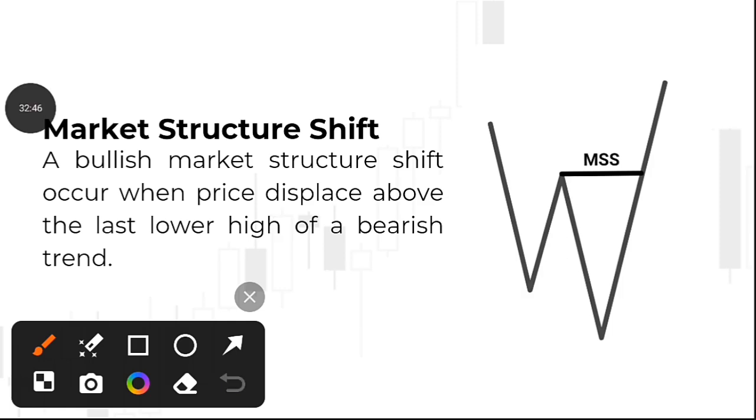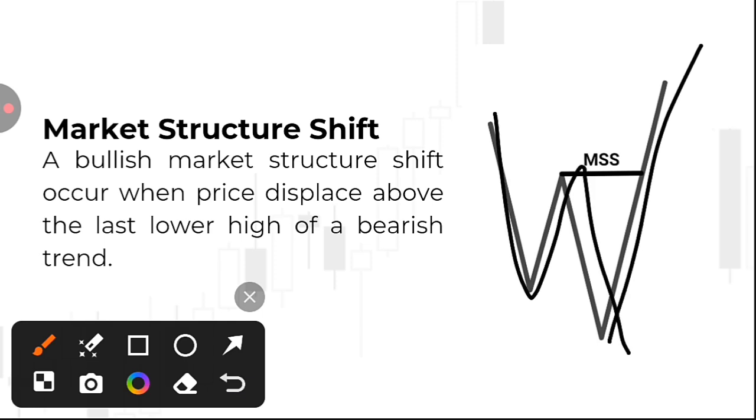Basically, a bullish market structure shift happens when price takes out the last lower high. That is when you have market structure shift. This signals to you that price has ended the previous bearish trend in order to start a new trend, which is a bullish trend. That is basically what a bullish market structure shift is all about.